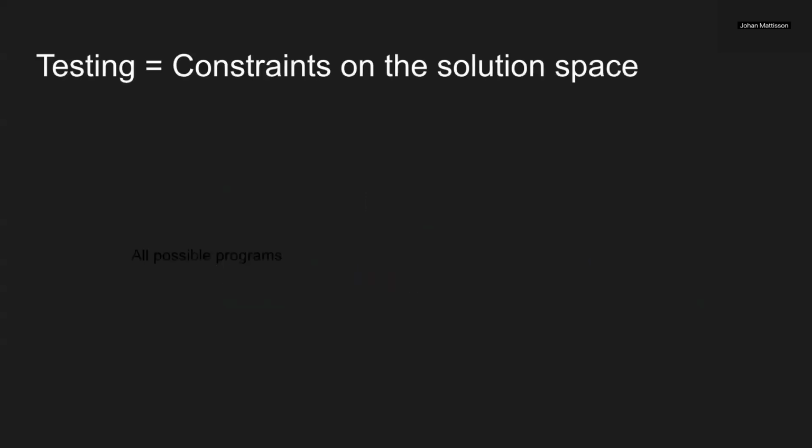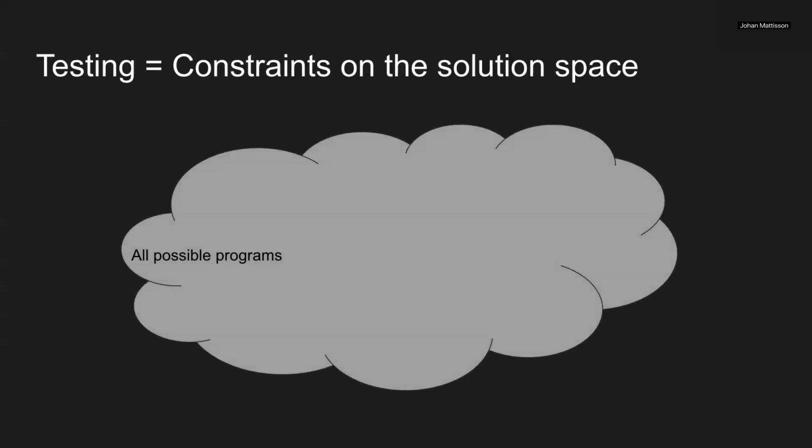All right, so let's go back to the example in the previous slide where we had the equals example, with two different versions of the same program. They did exactly the same thing, right? So if we think of it like this, we have all the possible programs in the world.